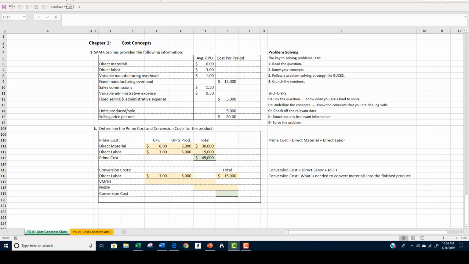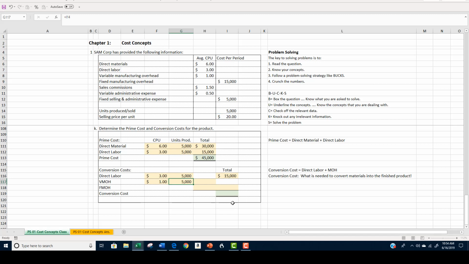Conversion cost is made up of direct labor and manufacturing overhead. It gets its name because these two costs are needed to convert materials into finished product. For this problem, direct labor is $15,000 as previously calculated, while manufacturing overhead is the total of variable manufacturing overhead and fixed manufacturing overhead.